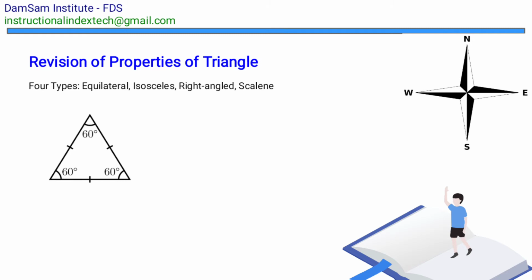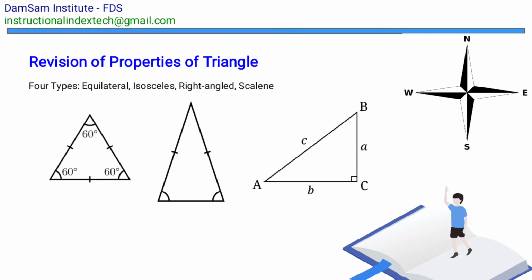So as we have the equilateral triangle, 3 sides are equal, 3 angles are equal, and there are so many other associated properties as far as we can explore it, but the visible ones are what I will just briefly talk about. And we also have the isosceles triangle, 2 sides are equal, 2 base angles are equal as well, and that is an isosceles triangle. We also have the right angle triangle.